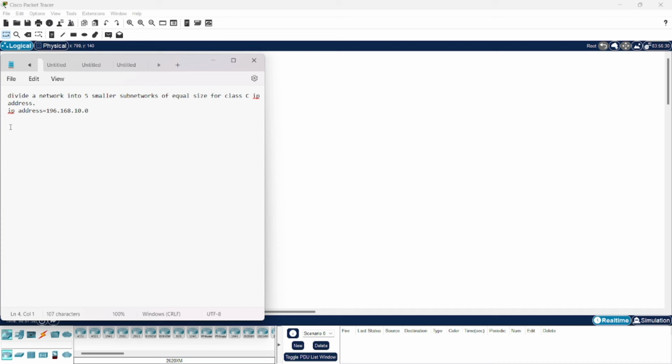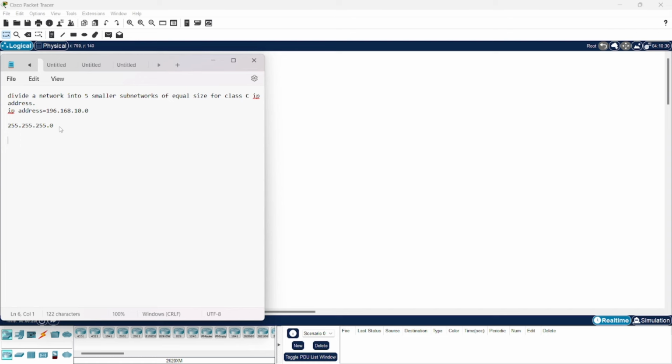By default, for any class C IP address, the subnet mask is 255.255.255.0 because the first three octets consist of the network ID. That is why we allot 1 to them. And the last octet is for the host bits. That is why we allocate 0 to them.